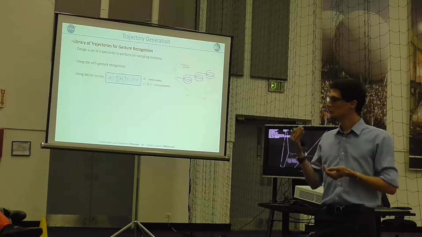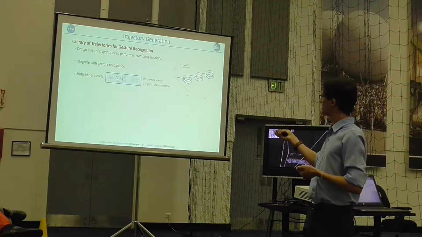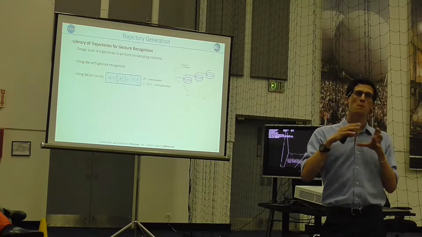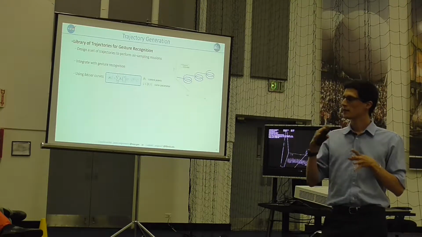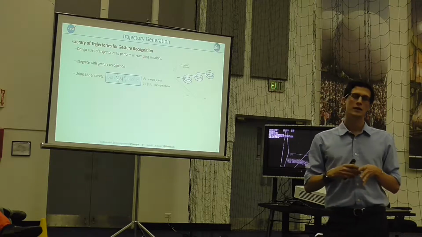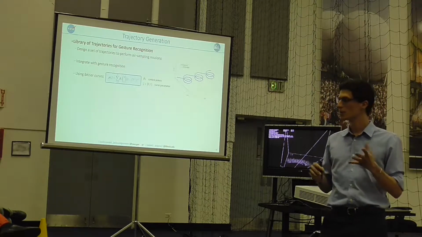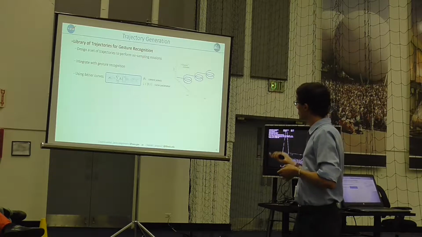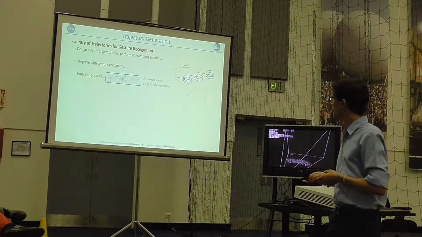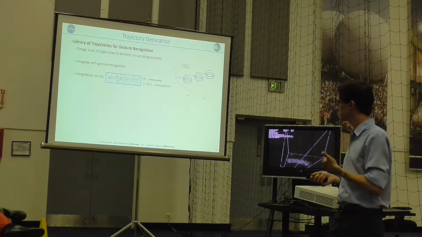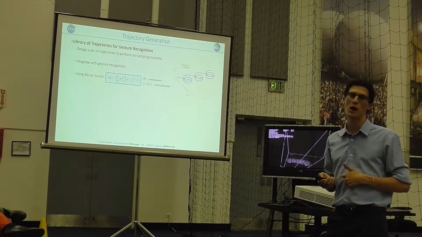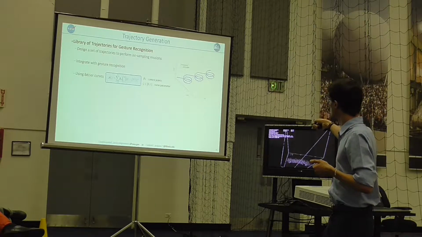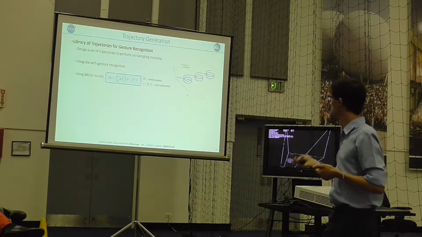So we developed a library of trajectories that will be the building blocks of much more complicated trajectories that the scientists will define with gestures. For that, we're using Bezier curves for several nice geometrical properties, and several available algorithms with very nice features. And this is one example of a trajectory that we developed.